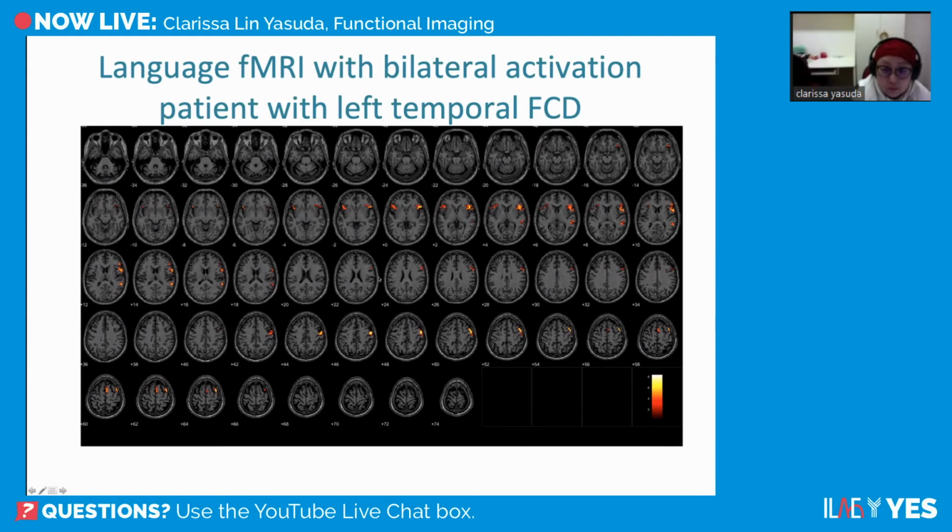So here at Unicamp, we have been using both motor and language fMRI for our patients when we have to decide on surgery, especially in those with more complicated situations. It's our routine to perform fMRI.